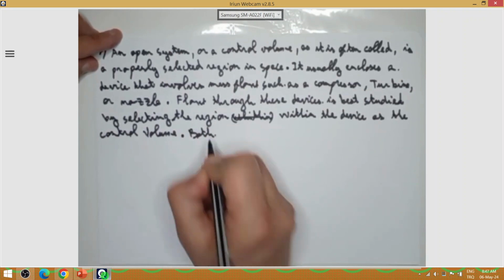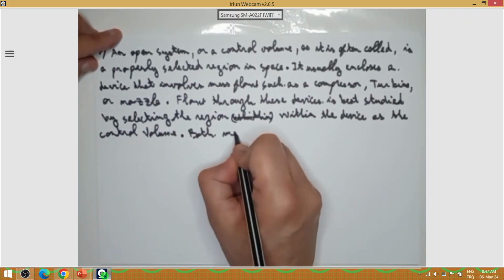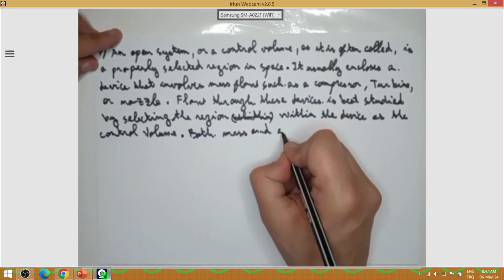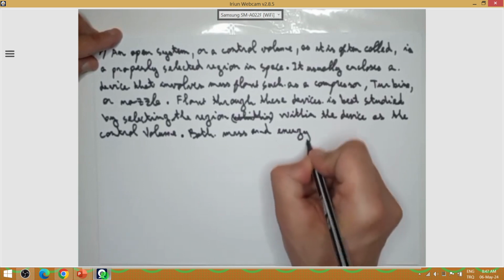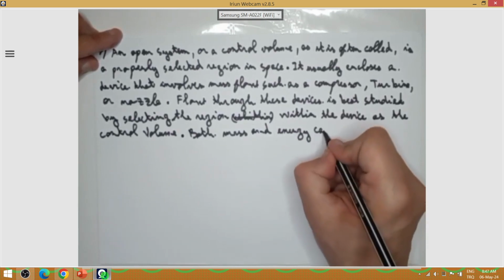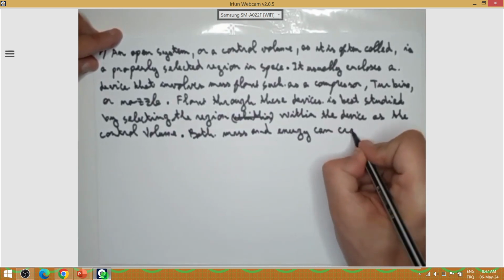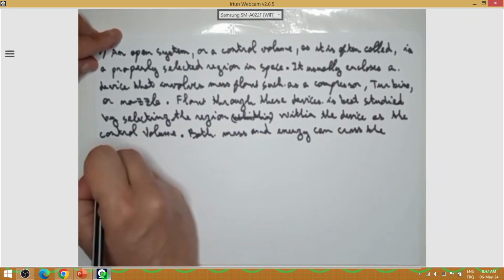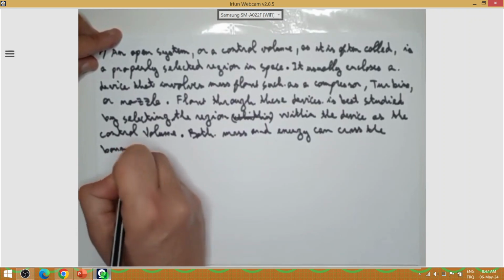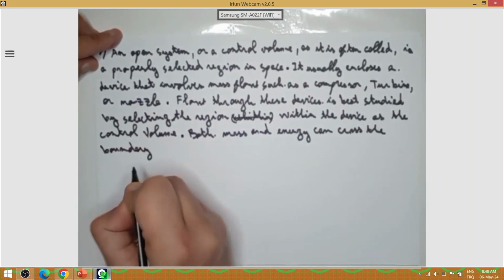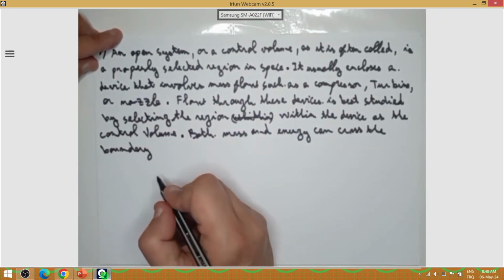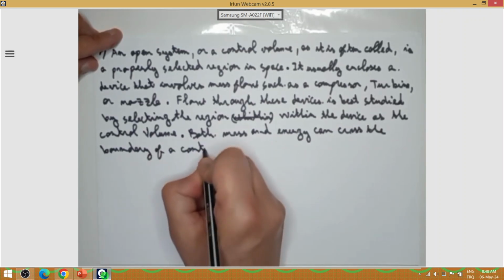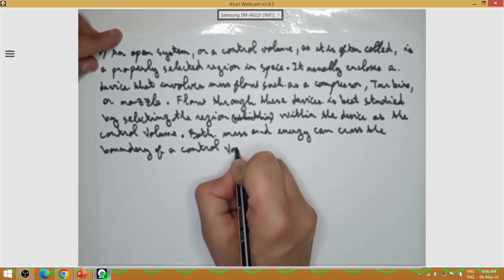Both mass and energy can cross the boundary of a control volume.